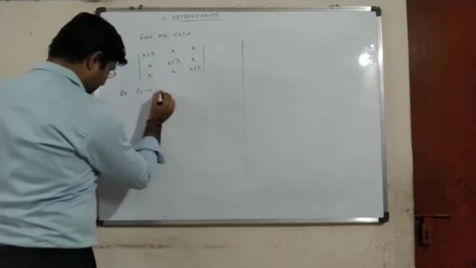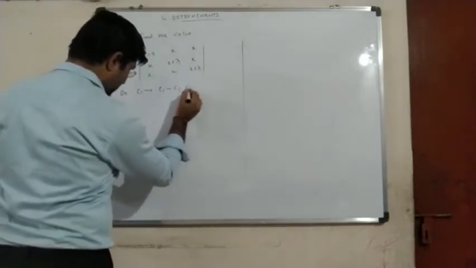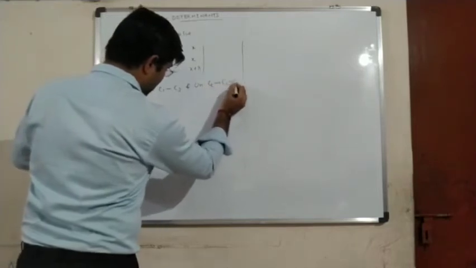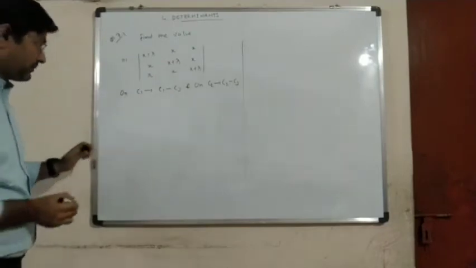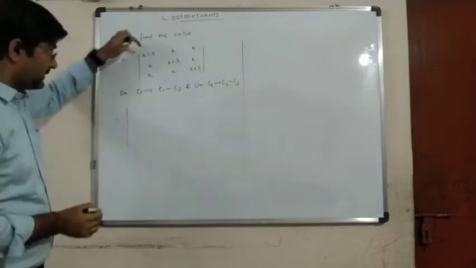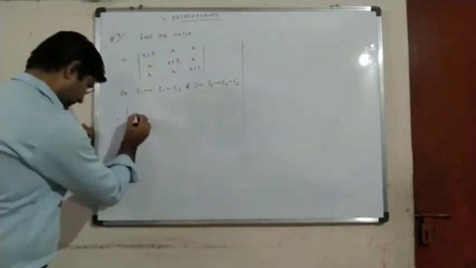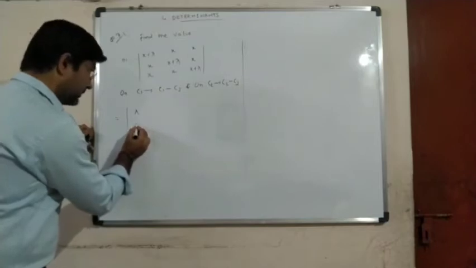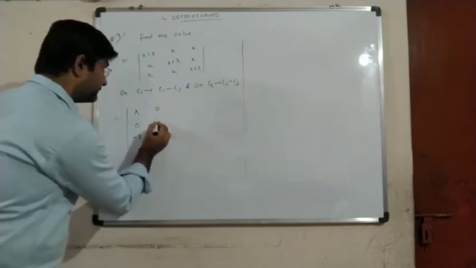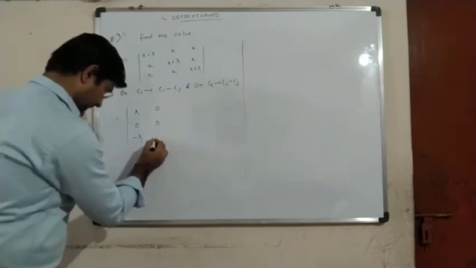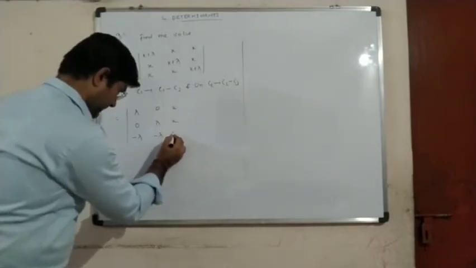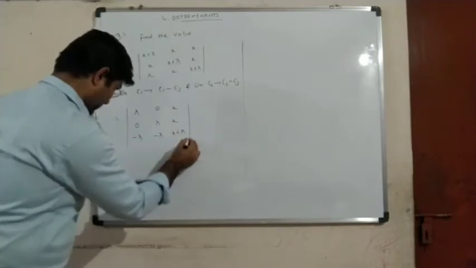Subtracting first minus third, the first column is lambda, 0 and minus lambda. Again the second column is 0, lambda and minus lambda, and the third column is x plus lambda.